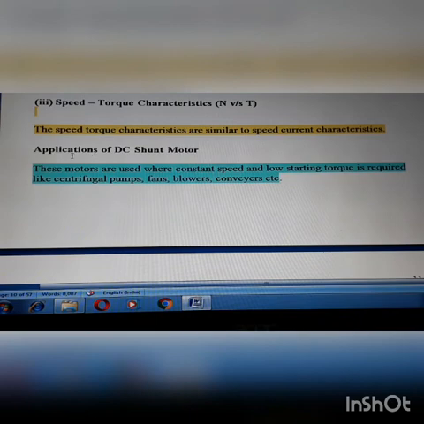Let us see the applications of DC shunt motor. DC shunt motors are used where constant speed and low starting torque are required.